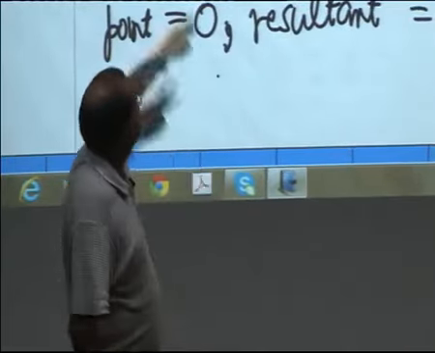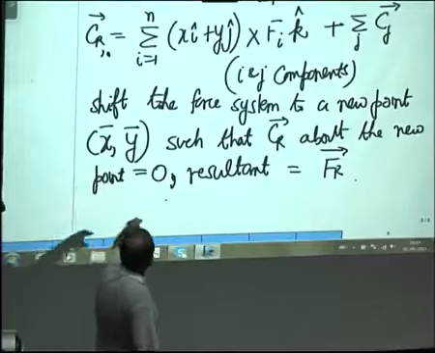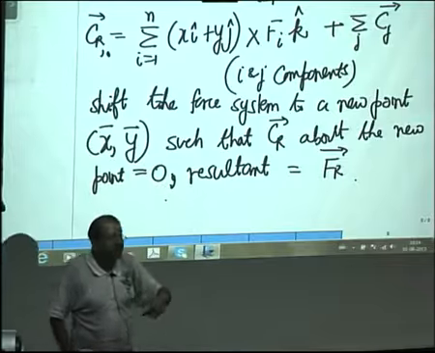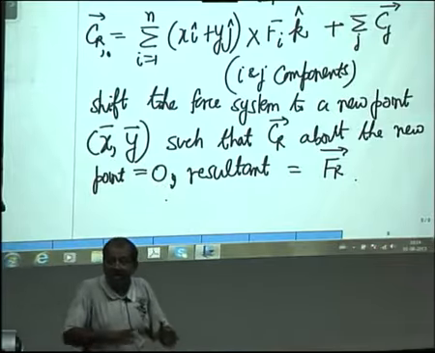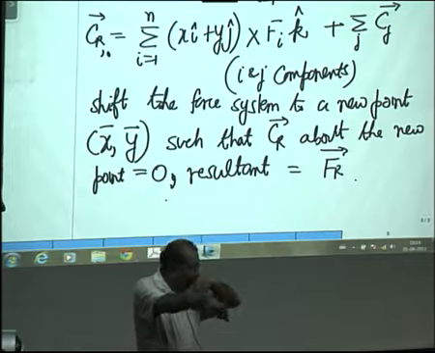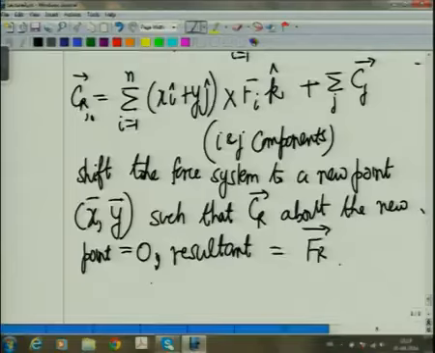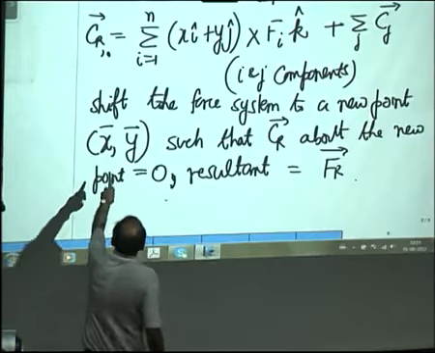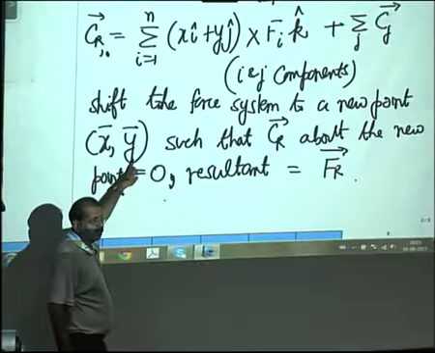Now here you will realize there will be two unknowns, x bar and y bar, not a single unknown x bar, because this is now a point in the plane where effectively the force is acting.